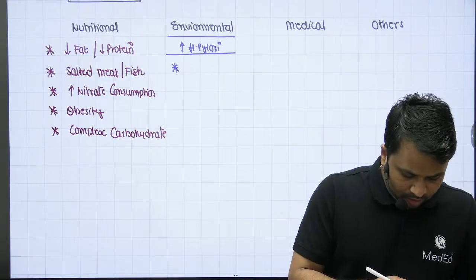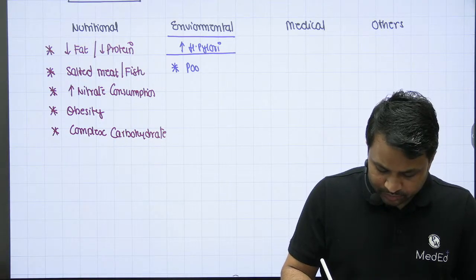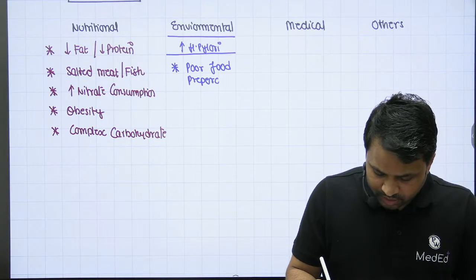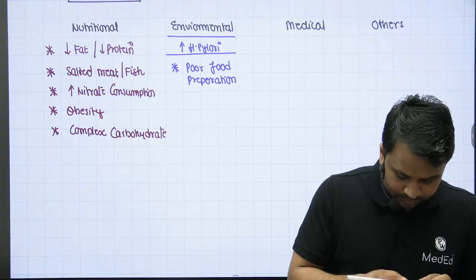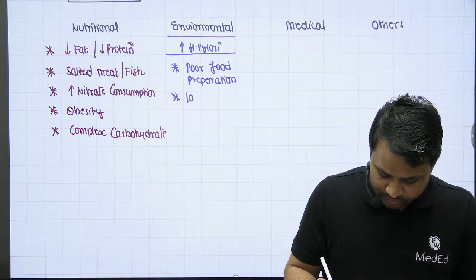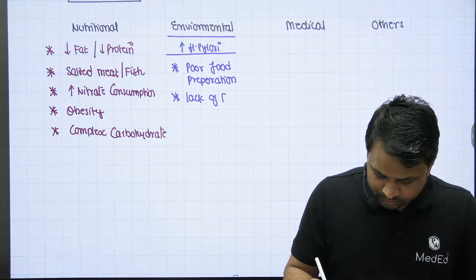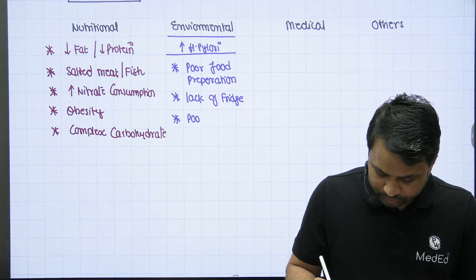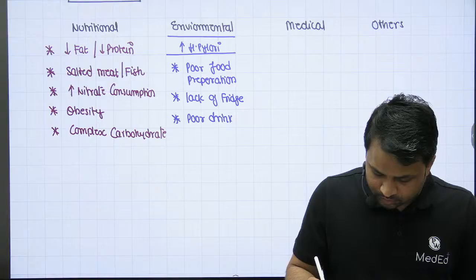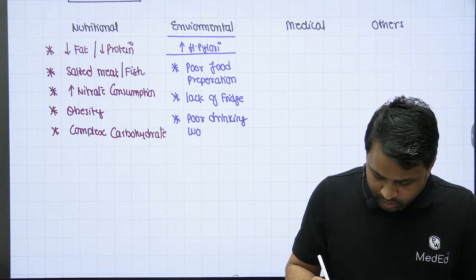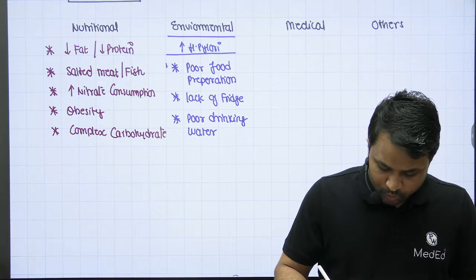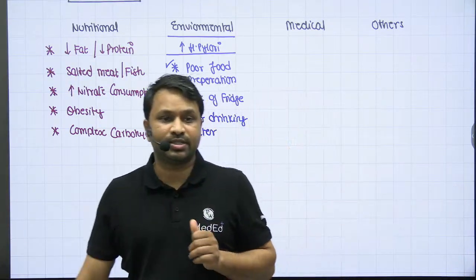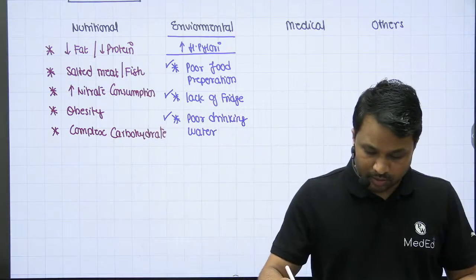For example, poor food preparation, lack of refrigerator, and poor drinking water. So poor food preparation, lack of fridge, and poor drinking water, all these constitute the environmental risk factors. Now I talk about the medical risk factors.